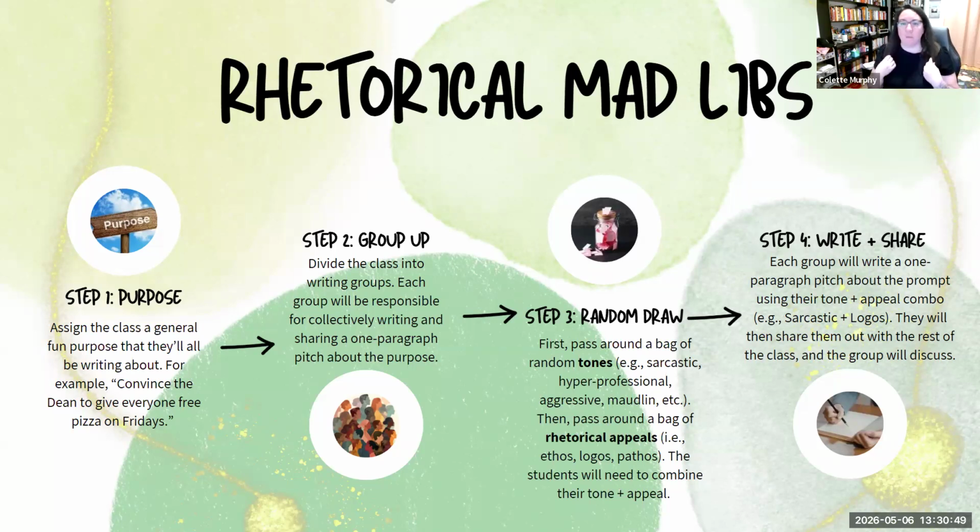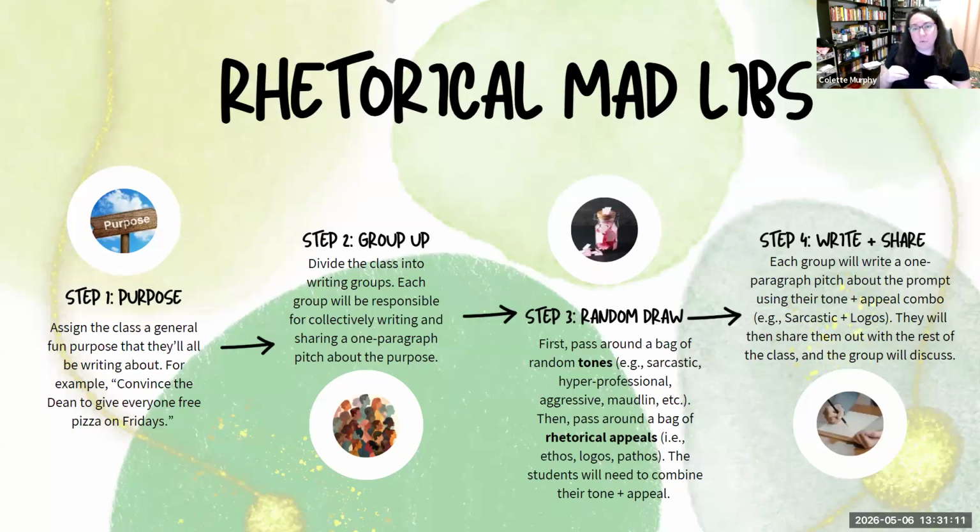If it's synchronous, you can divide folks into breakout rooms. Tell the groups they're collectively responsible for coming up with a response. It can be a speech or a written paragraph, depending on your topic area.